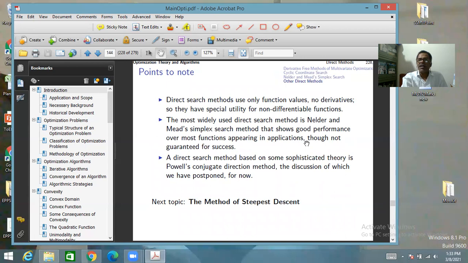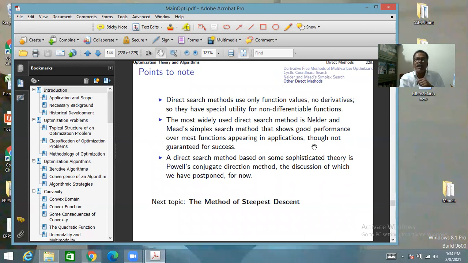The Nelder-Mead simplex search method, which we studied in great detail, is quite useful. And I advise you to make an implementation of it for your own practice, and check that implementation on a few problems of 2 variables to 6 variables. Then you will get a feel of it.